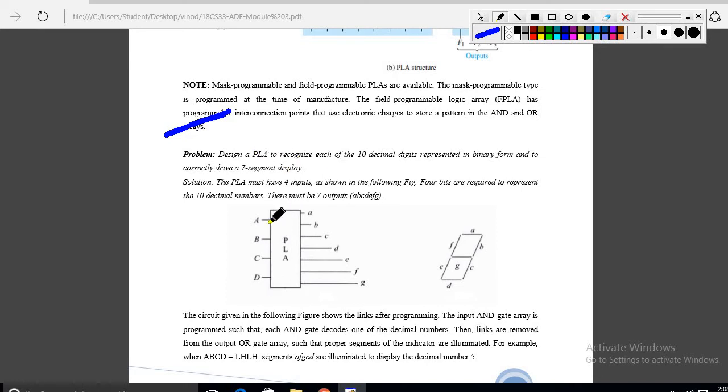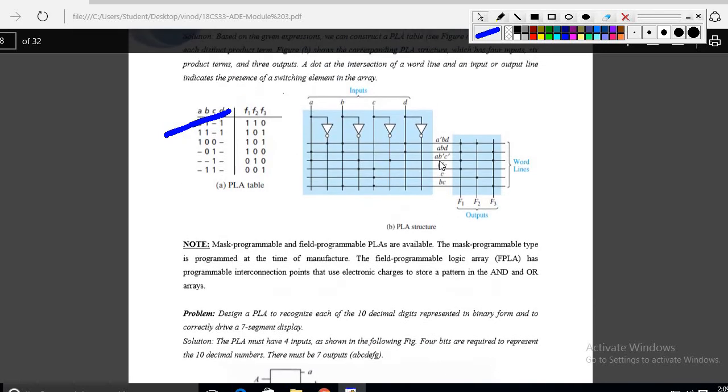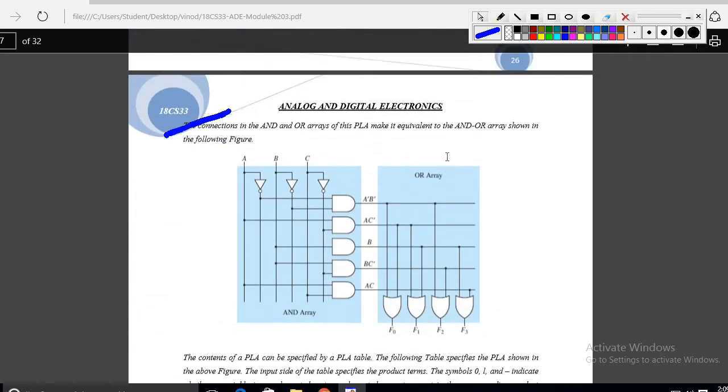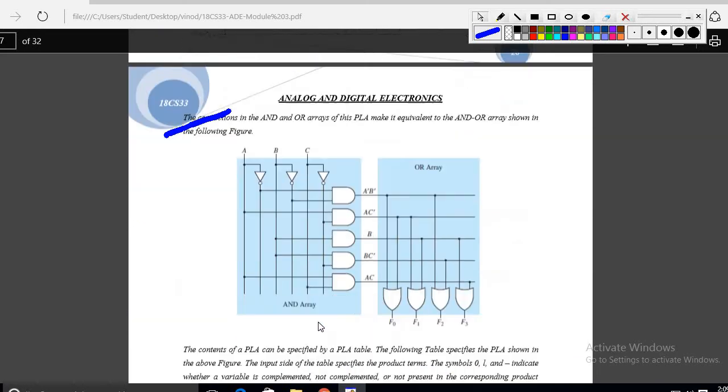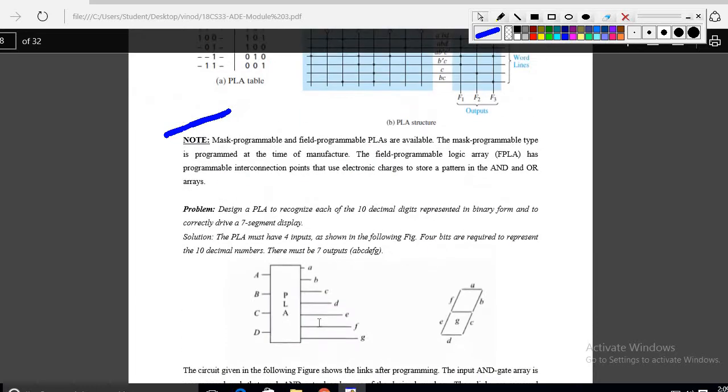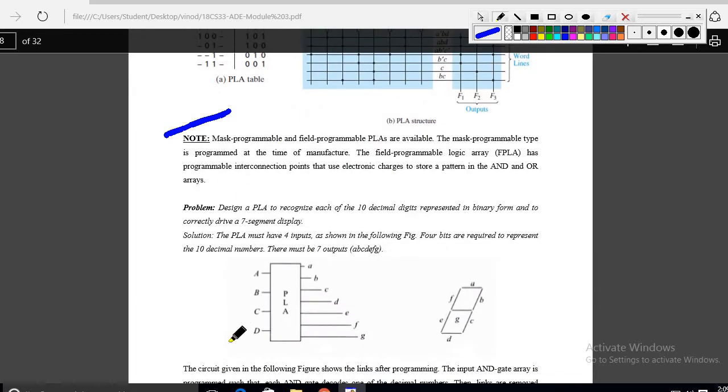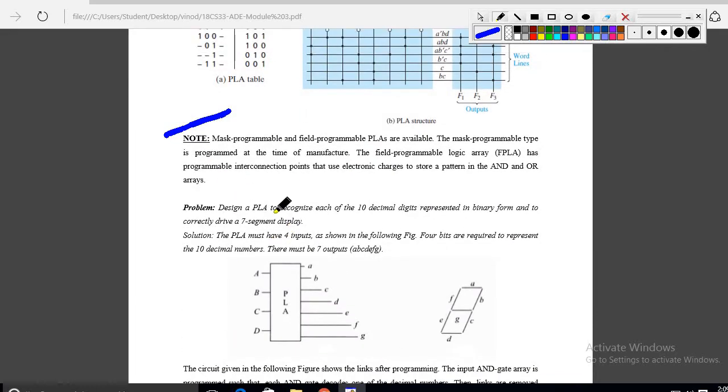How many inputs are there in the PLA? 4 inputs, because of A, B, C, D. I am taking 4 inputs always, so the PLA consists of 4 inputs: A, B, C, D. And for the 7-segment display, here it is 7 outputs. I am taking A to G because of the 7-segment display.